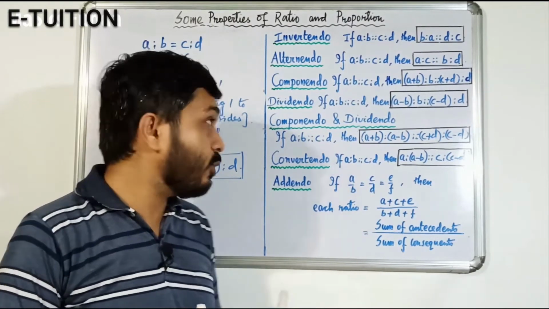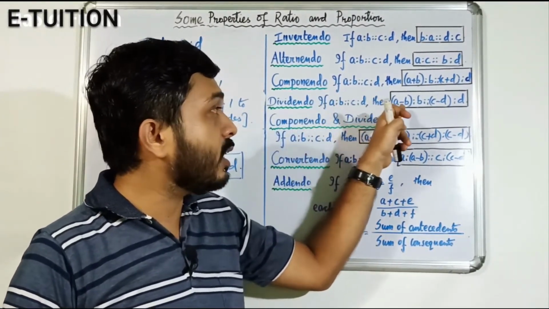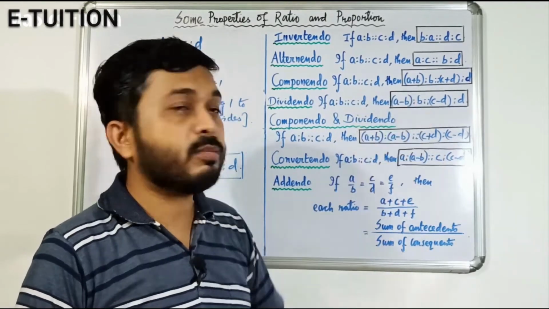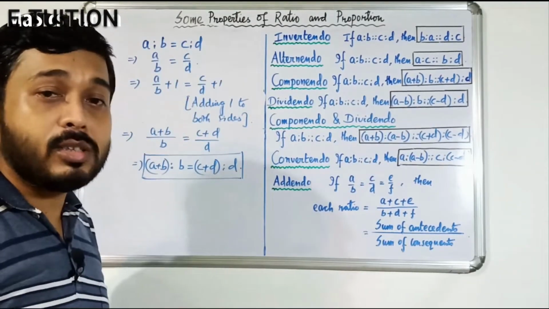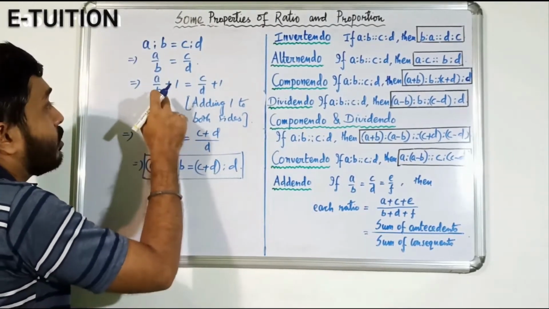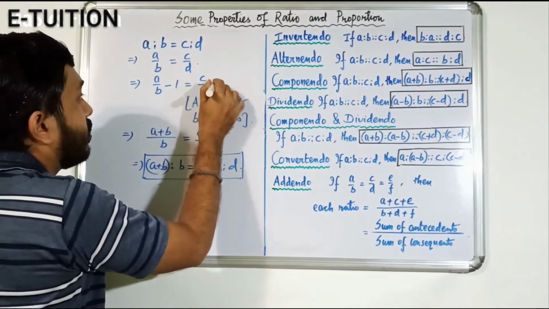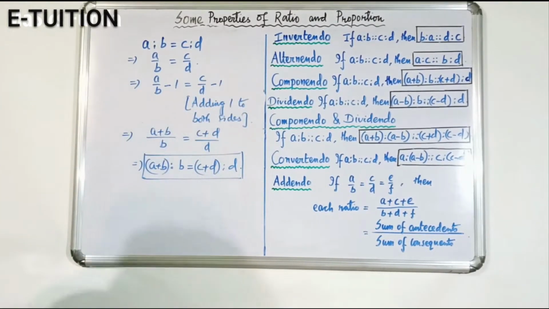After that is dividendo, according to which if A is to B is equal to C is to D, then A minus B is to B is equal to C minus D is to D. Nothing special we are having to do here other than subtracting 1 from both sides. Just subtract 1 from both sides. Here the sign is going to change.